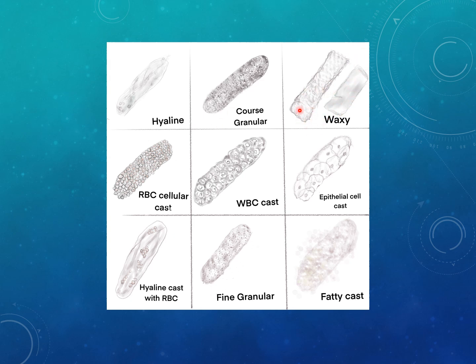They almost look like they've been shaved off the side of a candle. We could have red blood cell casts that have red blood cells in the tube mold. We can have white blood cell casts. We can have epithelial cell casts. We can also have a mixture. For example, we have one here, it's a hyaline, so it's mostly empty, but there's a few scattered red blood cells in there. Another thing that can be in casts is fat, so we can have a fatty cast as well.